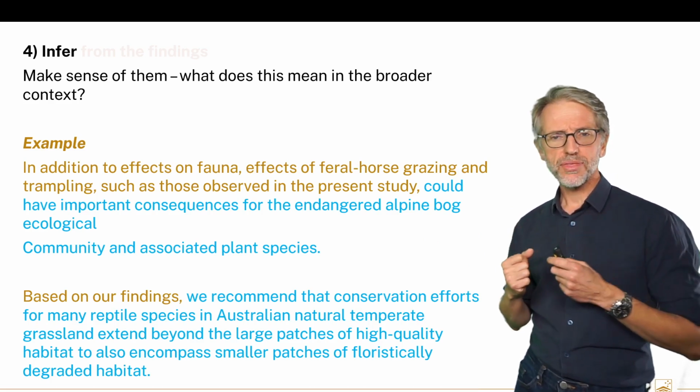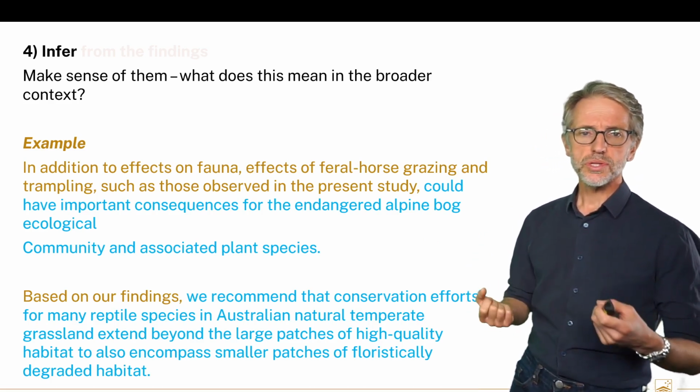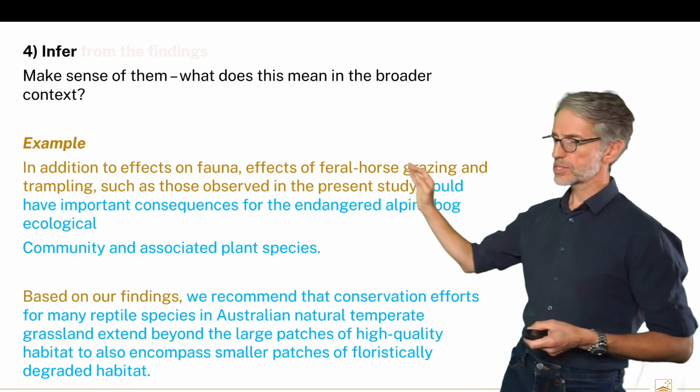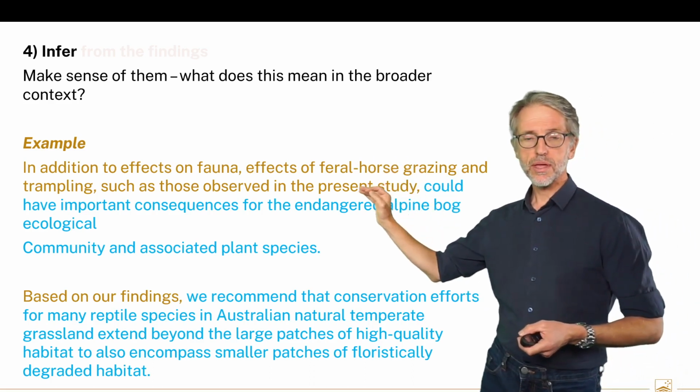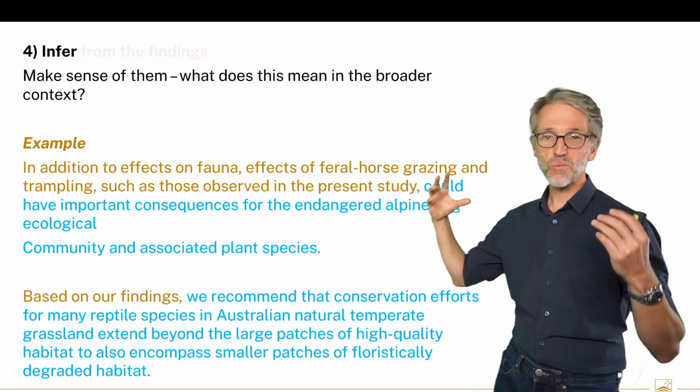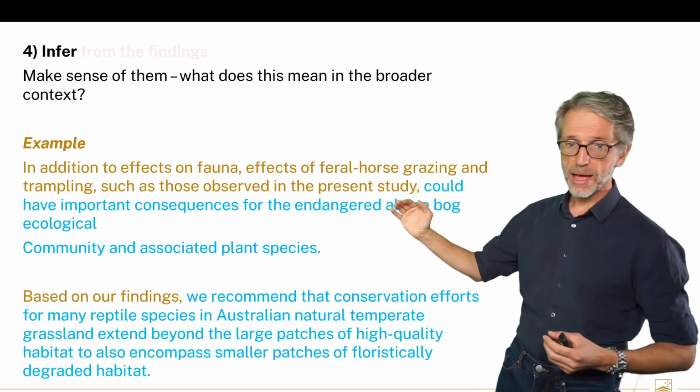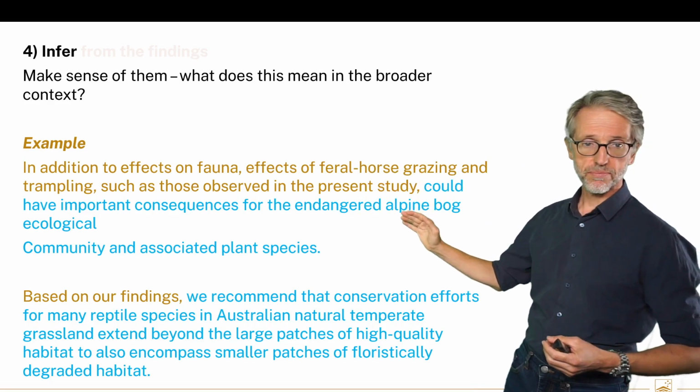If that is the case, then the authors not only seek to state the results, but then put it into context of what it means in the bigger picture, perhaps for a specific ecosystem.